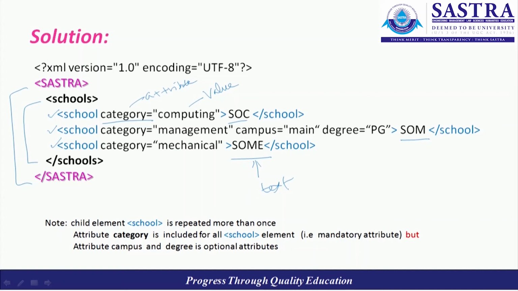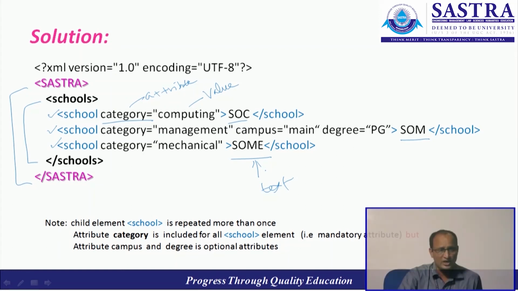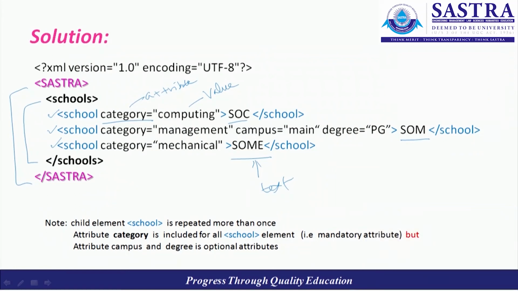Value, according to an XML document, denotes the value for an attribute. Text denotes an element's content. So, category has been repeated for all school elements, and campus and degree are two more additional attributes given only for the second school element.